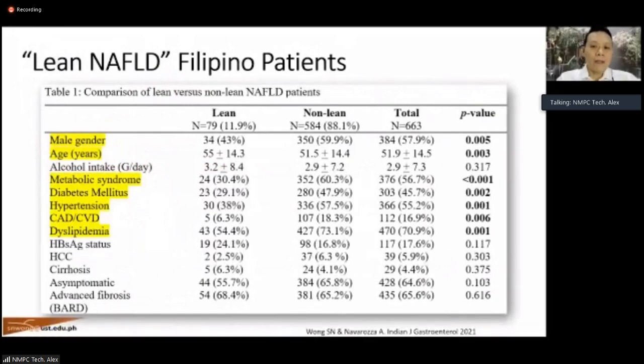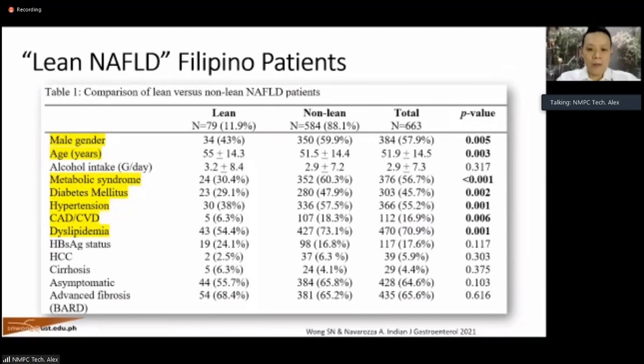Now, when we looked at our patients with fatty liver disease, if you notice in the MAFLD diagnostic criteria, one of the criteria is that the patient has to be overweight. But we have also seen patients who are not overweight, not obese, but with fatty liver disease.